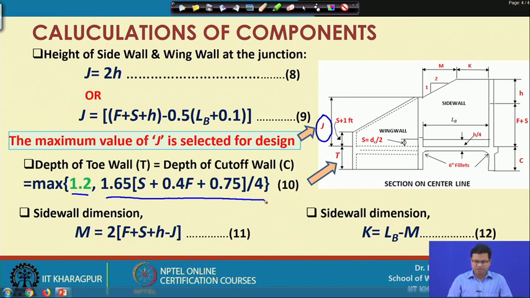Then the sidewall dimension, that is m, as marked in this figure, is estimated as 2 into F plus S plus h minus j, and we can estimate the value of k as LB minus m, because LB equals k plus m as shown in this figure.